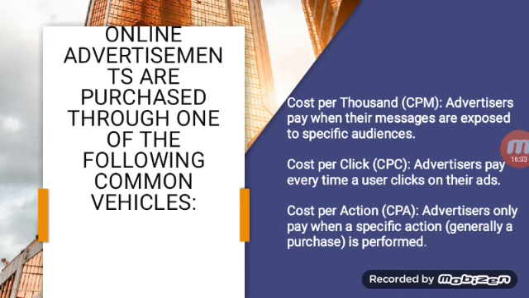So the first one is cost per thousand or CPM. Advertisers frequently measure the success of a CPM campaign by its click-through rate, which is the percentage of people who click into your advertisement.